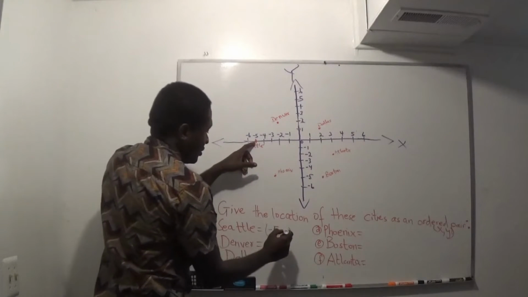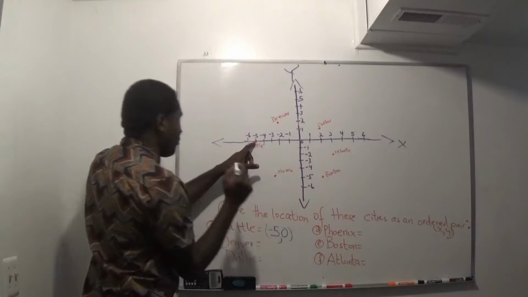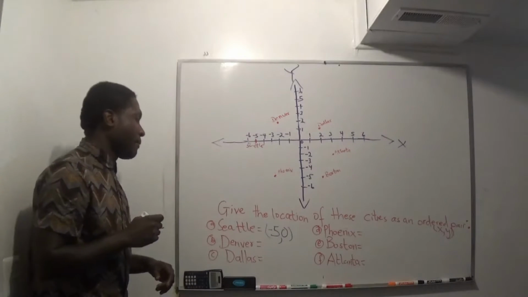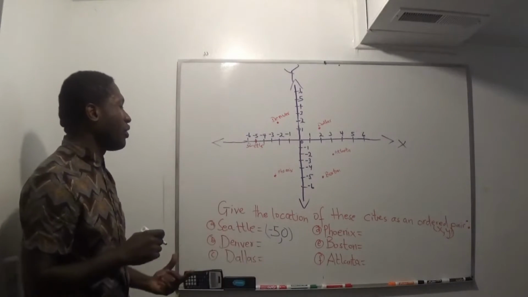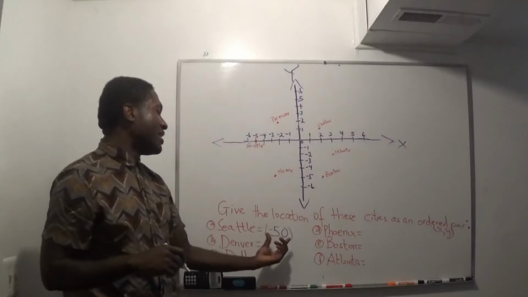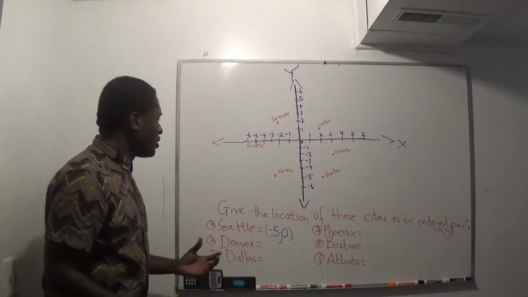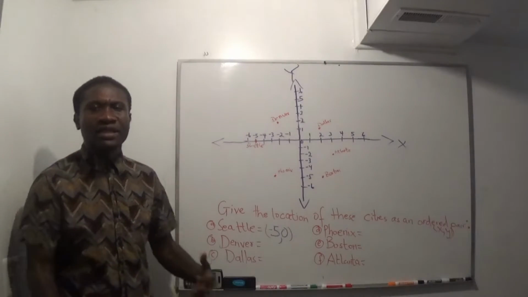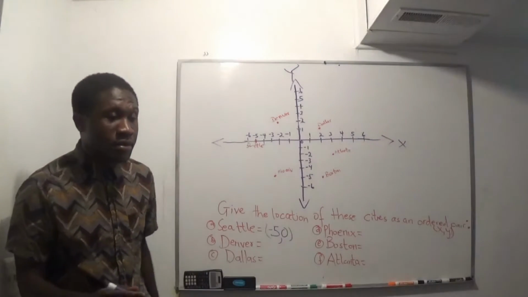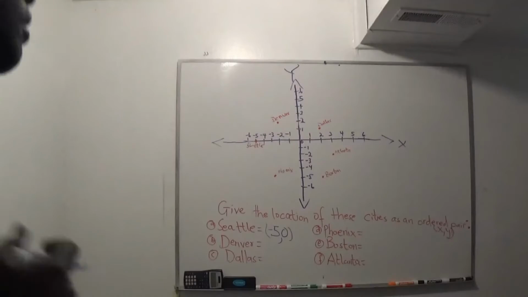So our Y is going to be 0 for Seattle. So that's how we're going to give the location in this form right here. You're probably saying, I really want to do more so I can really get this. Well, please follow me.